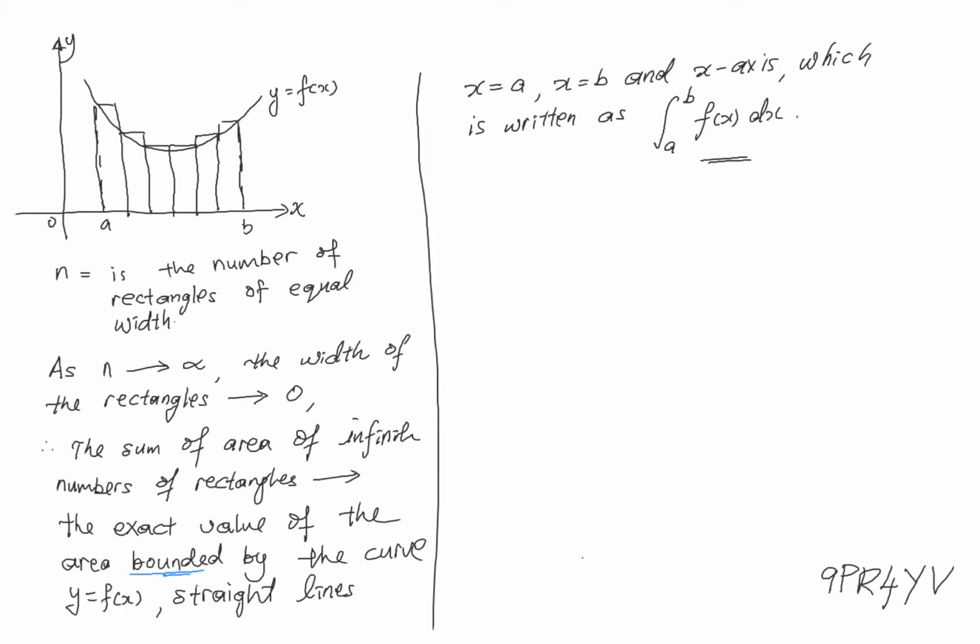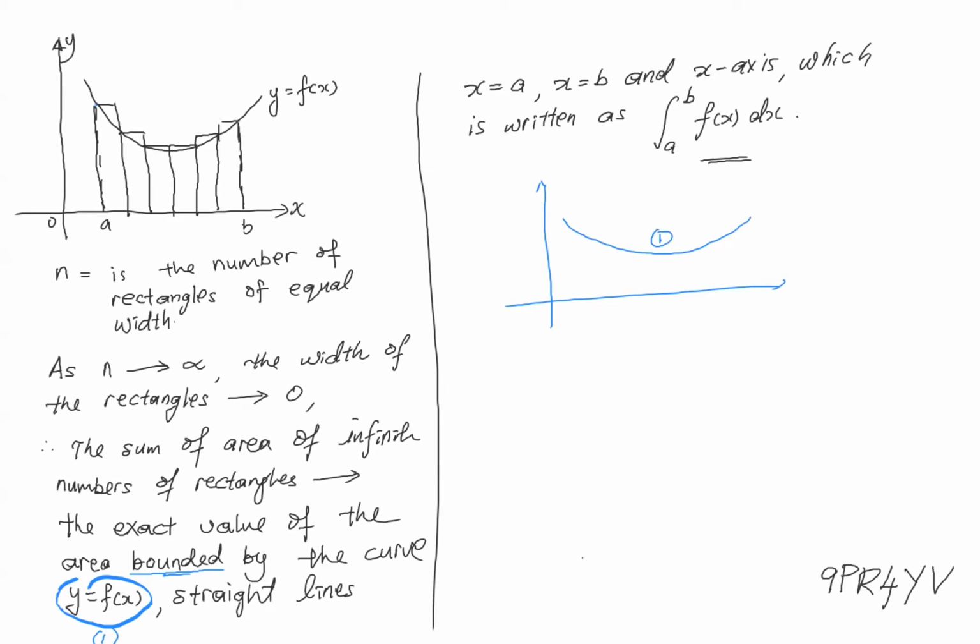So how many boundaries are there? 1, 2, 3, 4 boundaries. The curve, this is the first one. If I redraw the graph, this is the first boundary.